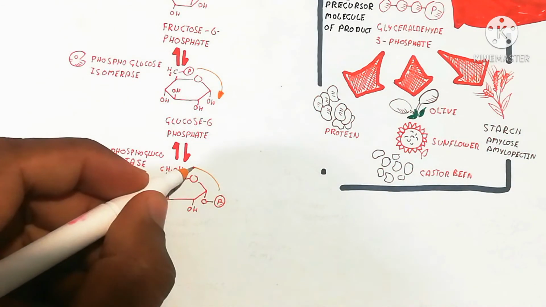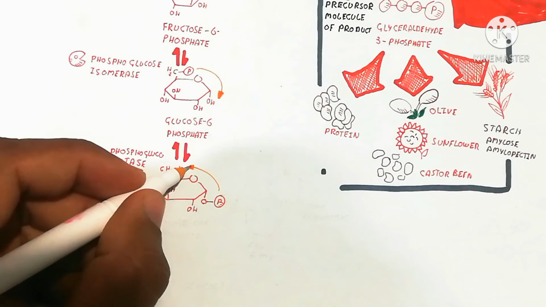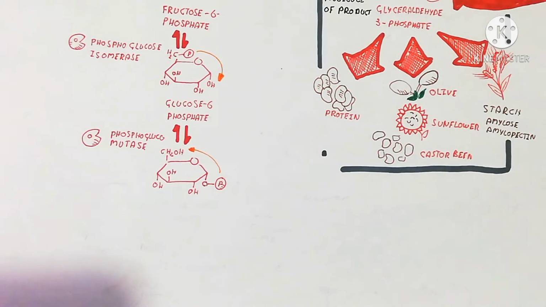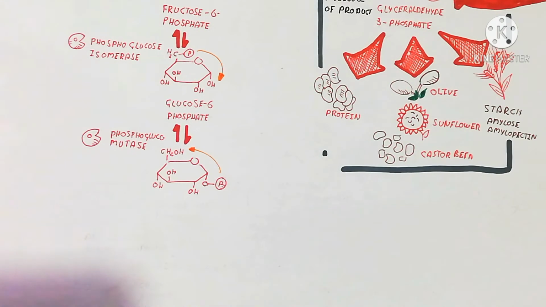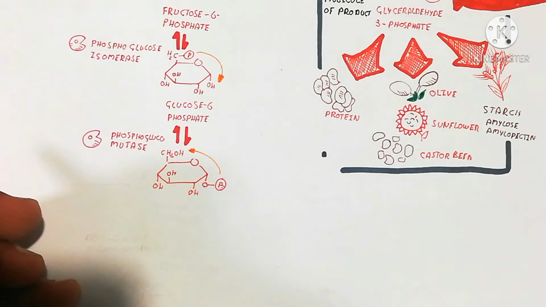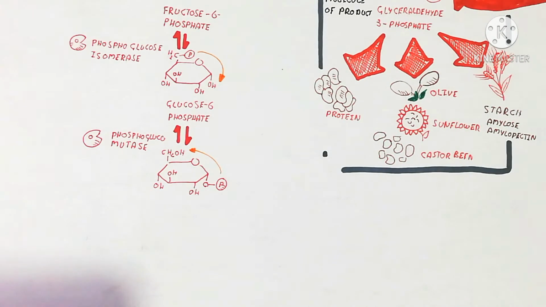So here is the glucose 1-phosphate which that is carbon number 1 contain phosphate group. So the major important reaction will begin here.